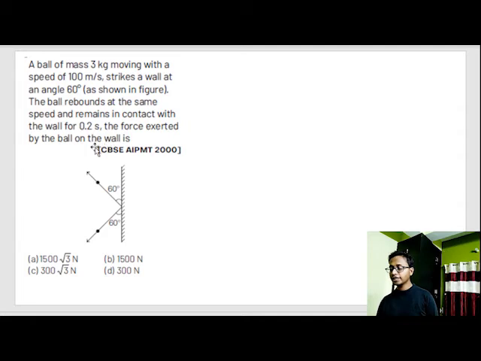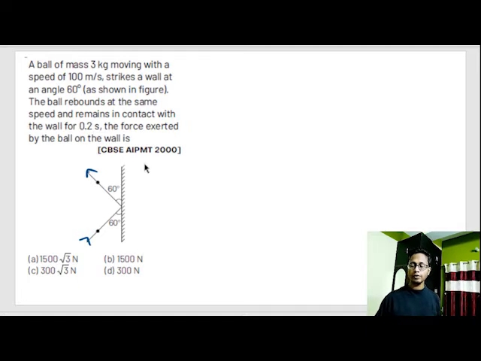The force exerted by the wall on the ball is equal to the force exerted by the ball on the wall. We'll learn this a few slides later. That is called the third law of motion. The arrow of this question was a little bit wrong, so just change the arrow to this direction, or you can do downward direction also. The answer will come out to be the same.